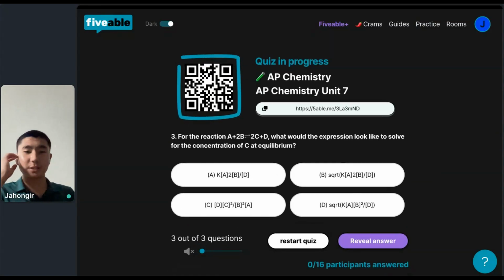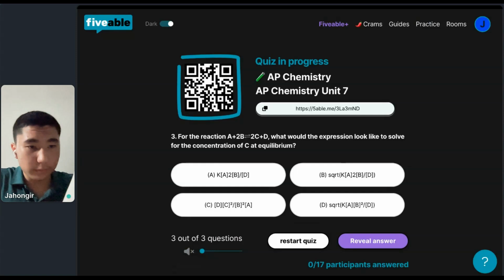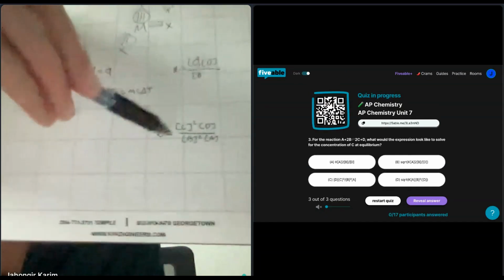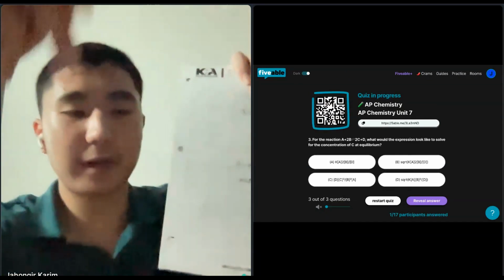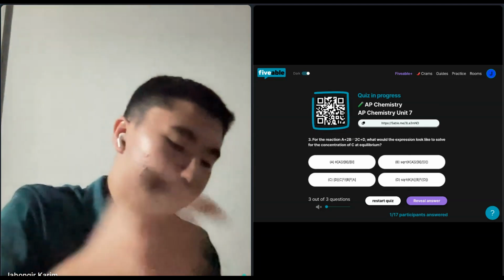All right, so question 3, I think we got this, but let me click on this one. So we have B squared, and then we have A. Here's what our setup would look like. We have our equilibrium constant. We're setting up as normal, and we're trying to isolate for C. So all we have to do is basic algebra.